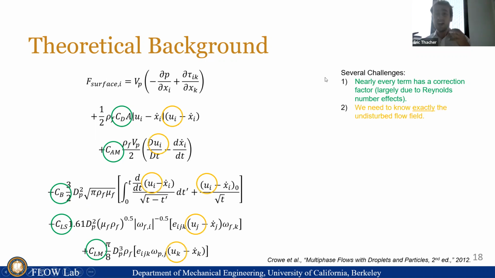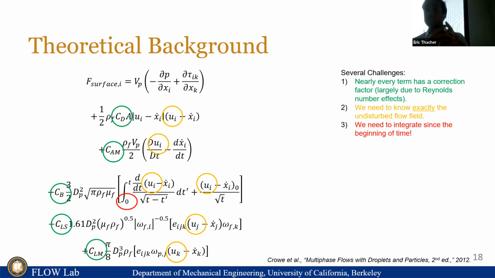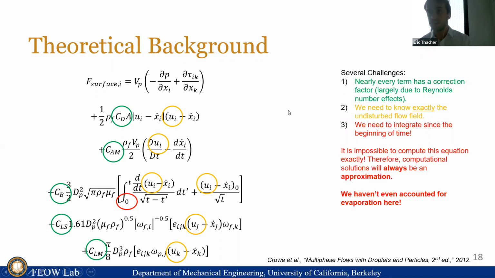We'd also need to actually know the exact undisturbed flow field to compute all of these terms accurately, which is very challenging. And lastly, the killer here is that to truly compute this equation accurately, we actually need to integrate from the start of time, which is just impossible. So basically, no matter how we cut it, this is always going to be an approximation.